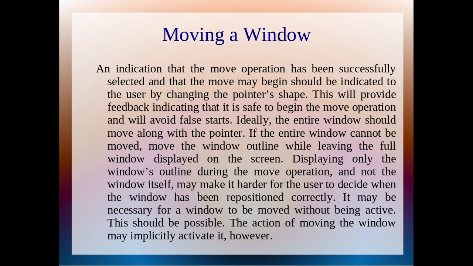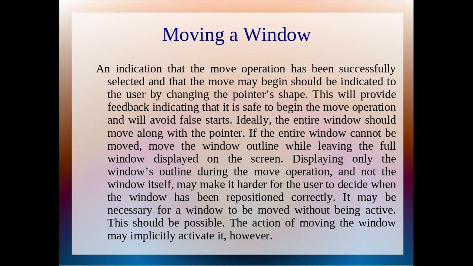An indication that the move operation has been successfully selected and that the move may begin should be given to the user by changing the pointer shape. This will provide feedback indicating that it is safe to begin the move operation and will avoid false starts. Ideally, the entire window should move along with the pointer.